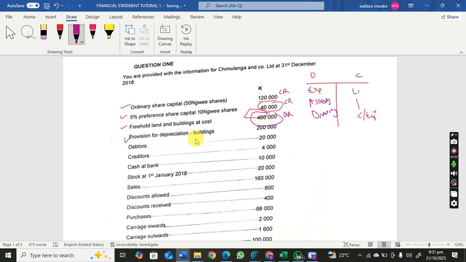So this provision for depreciation, which is also called accumulated depreciation, goes on the credit side. It reduces the value of our non-current assets. Any questions?